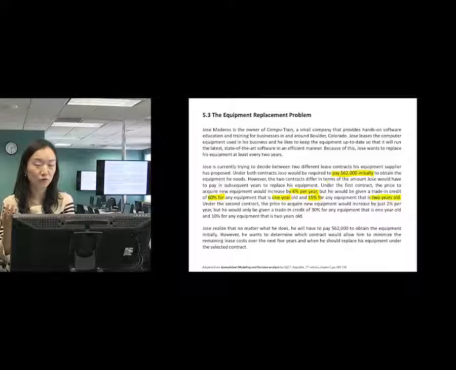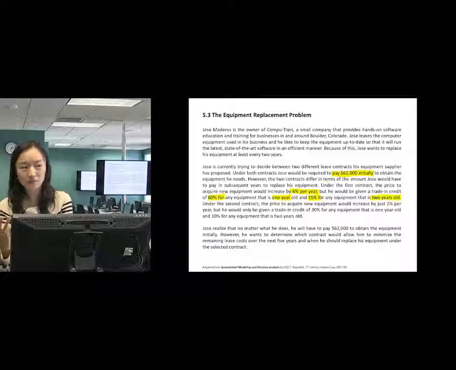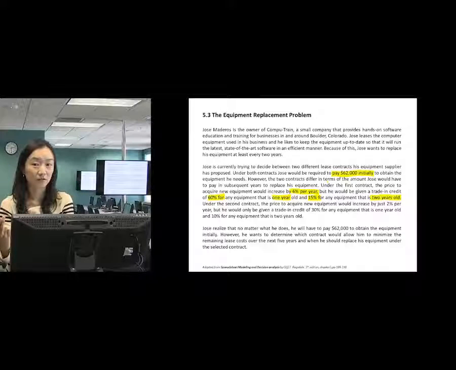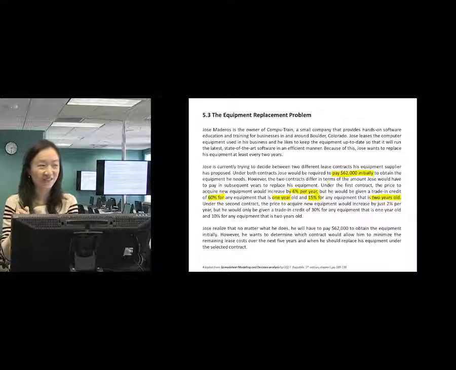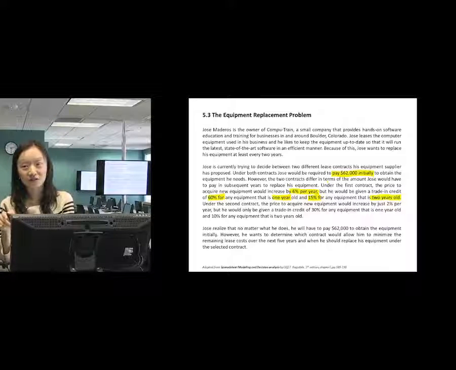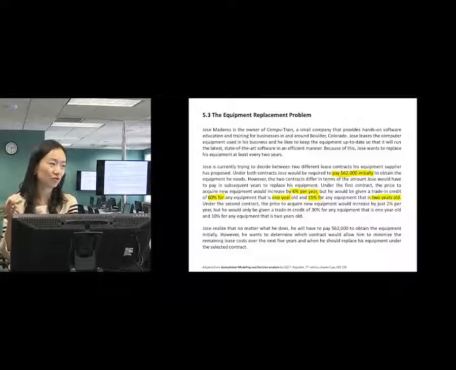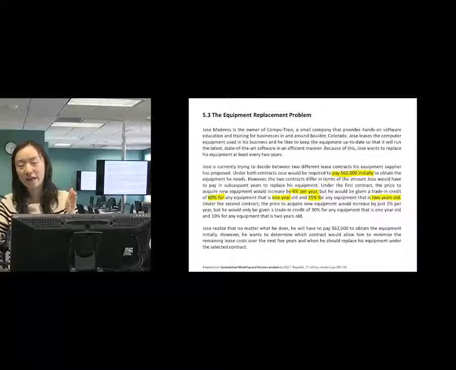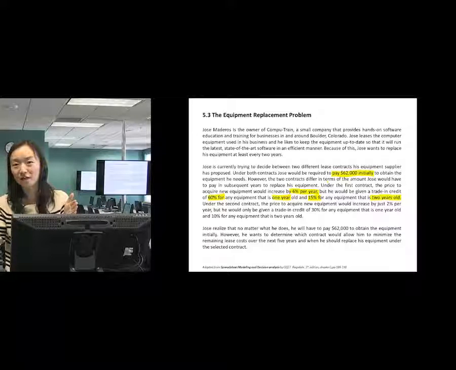Or he can trade in after 2 years, and 2 years, and 1 year for the 5 year plan. Or he can trade in after 1 year, 2 years, 1 year, and another 1 year, and another 2 year. So just to carry from the beginning to the end of the 5 years, there are so many different ways to go, right?